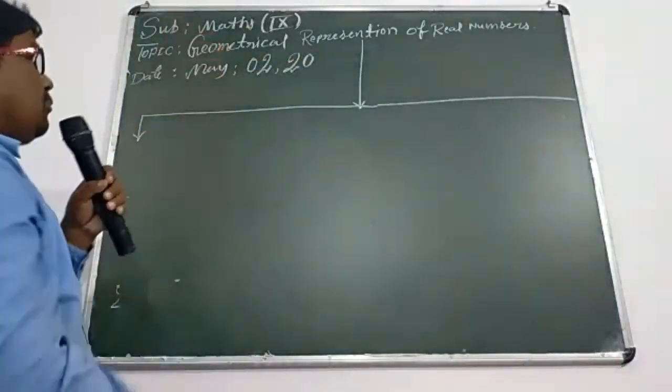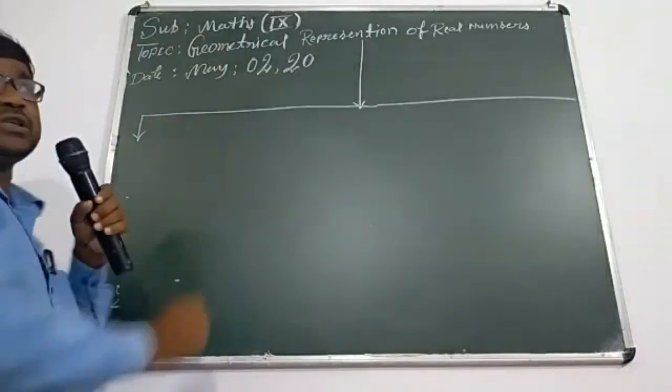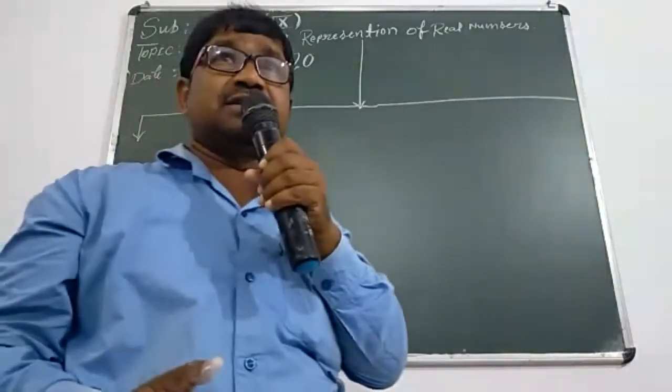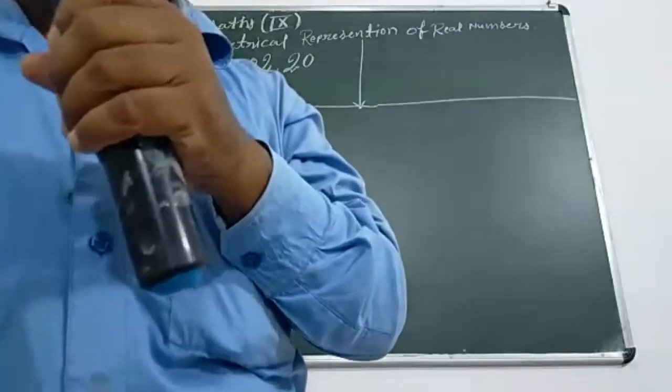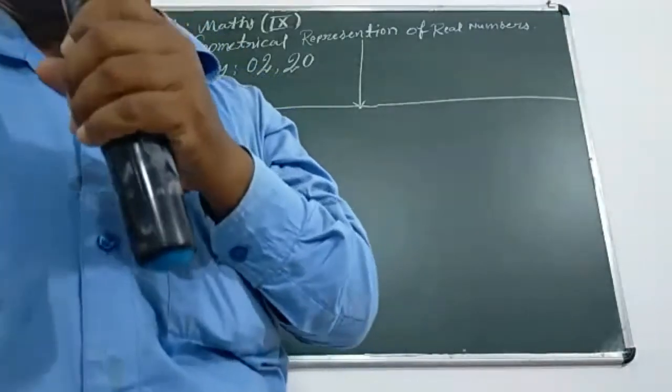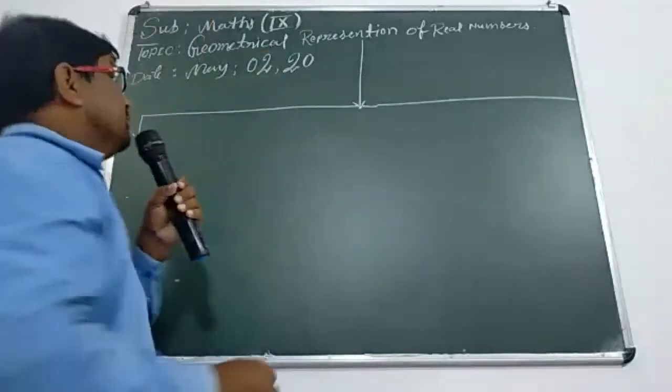In this topic, we will discuss three types of problem, three important sums. First type of sum will be representation of irrational number on the number line.